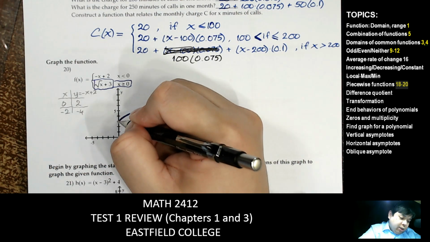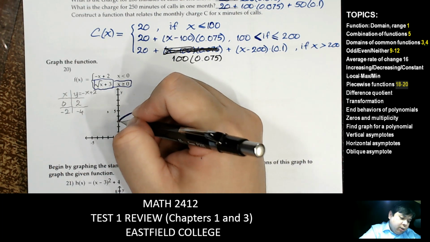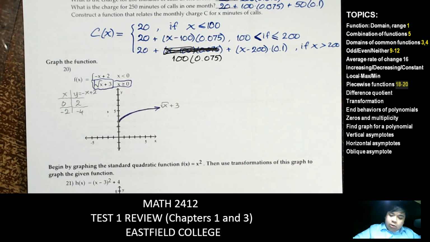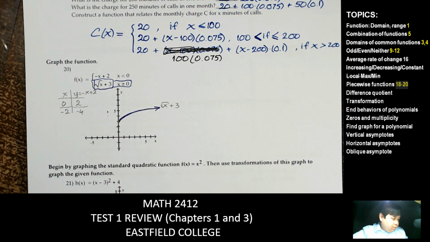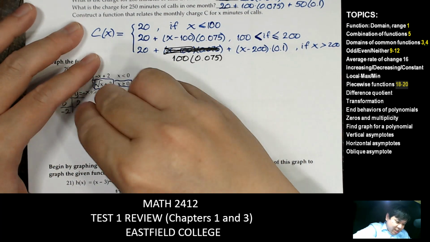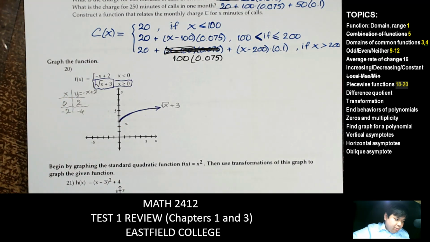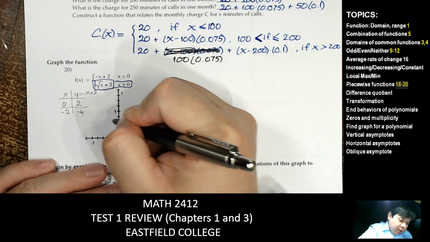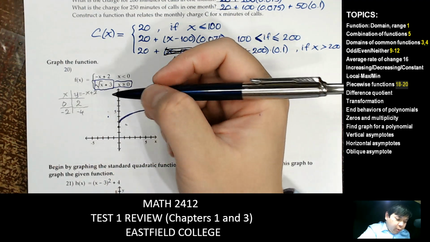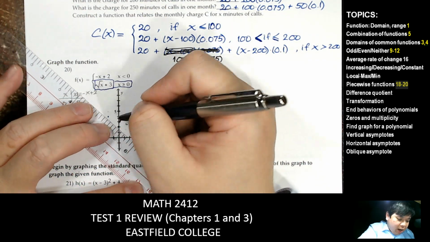So we have these two points. Look for the eraser. Next, 0 and 2, and negative 2 and 4. So we have that line.